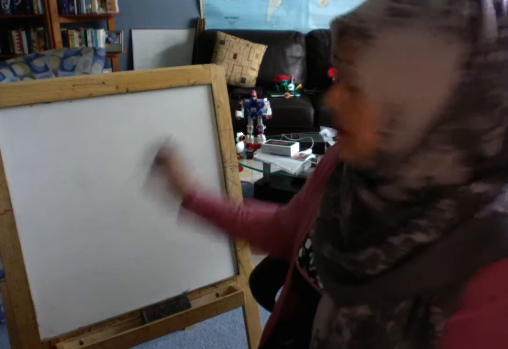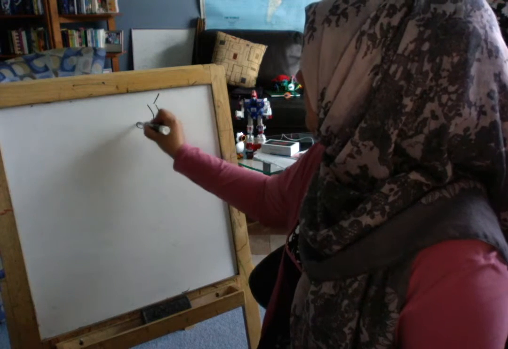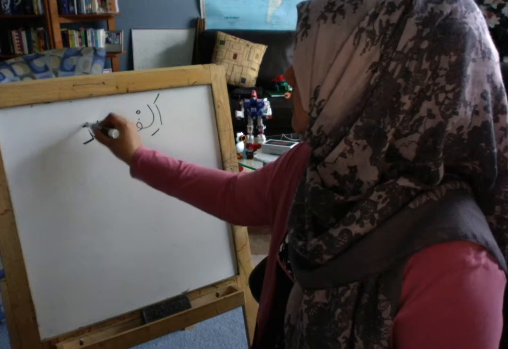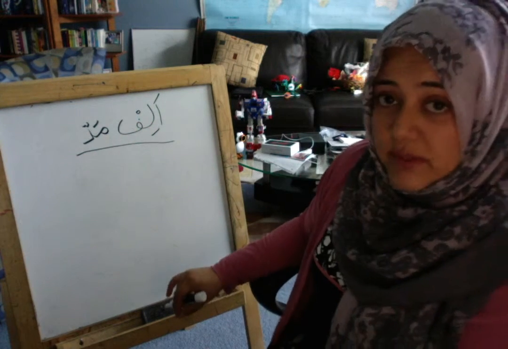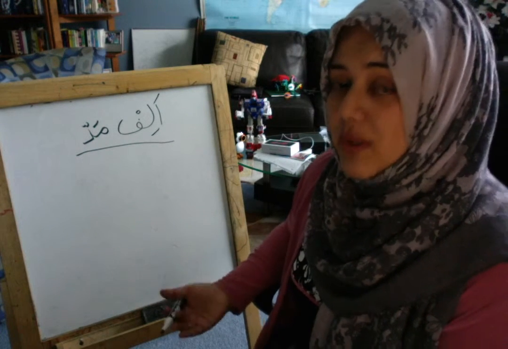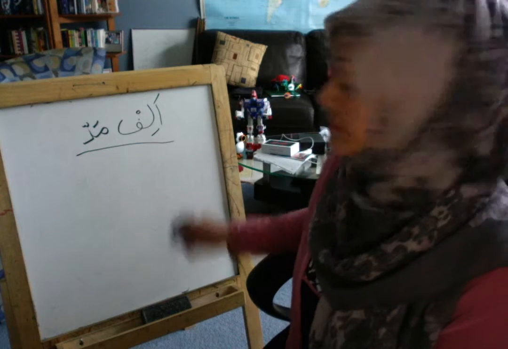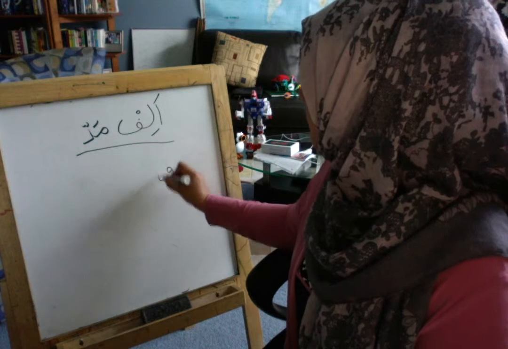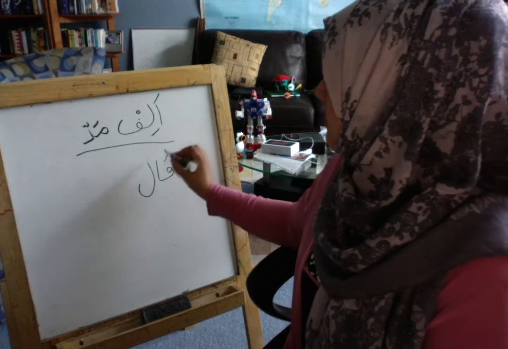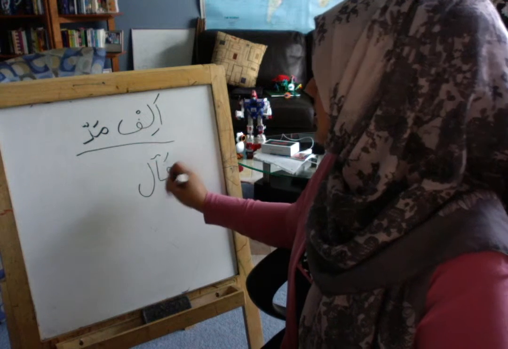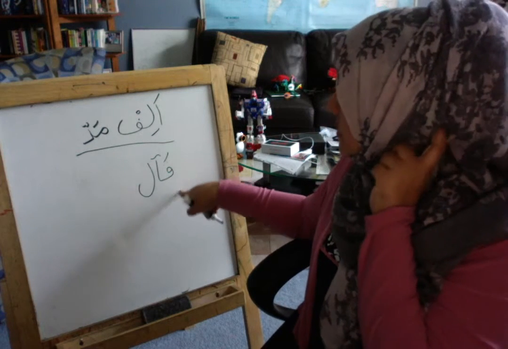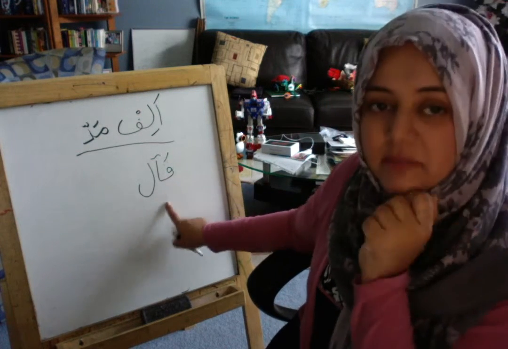The second category is called Alif Mad. For this one, it's the complete opposite. You're looking at what letter comes before the Alif. So, for example, Qala. We're always talking about an Alif that has a mad.